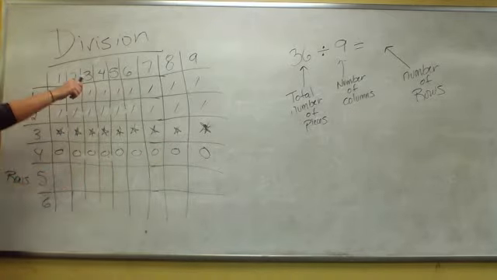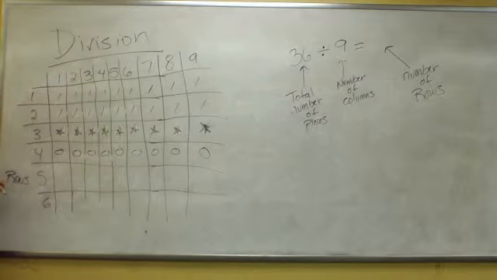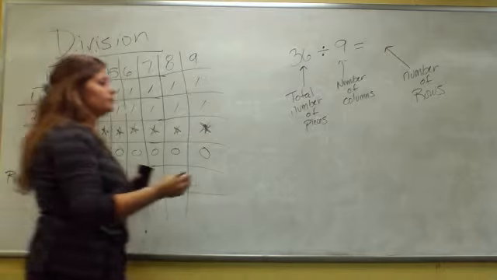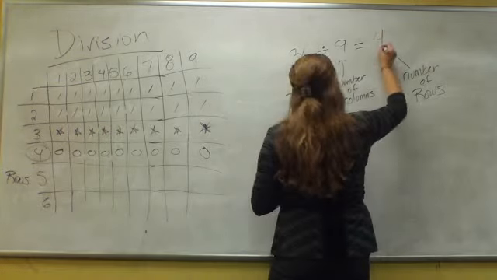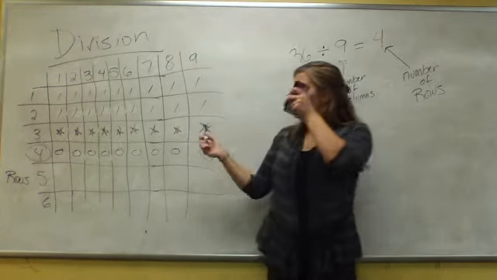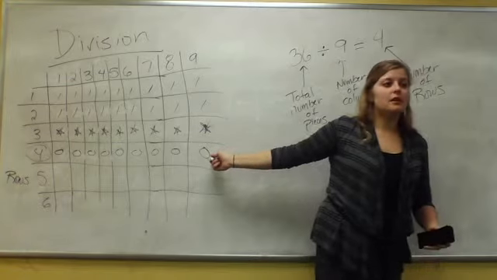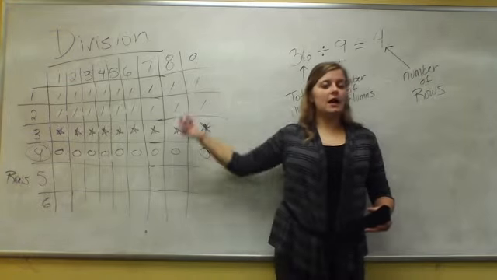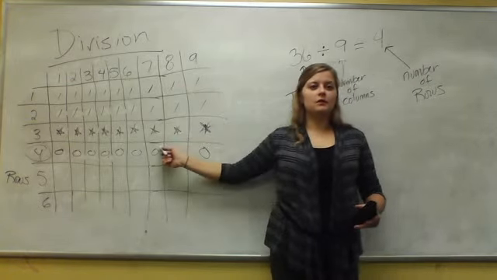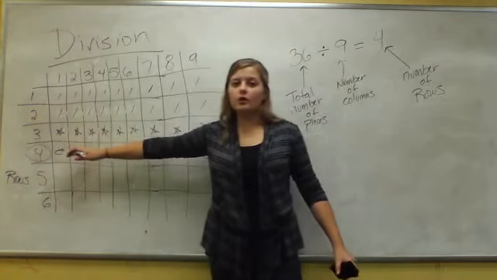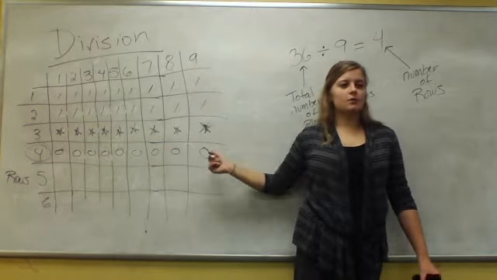So what is 36 divided by 9? 4. 36, so I have 36 pieces of something into 9 columns. Gave me 4 full rows. 4 is my answer.